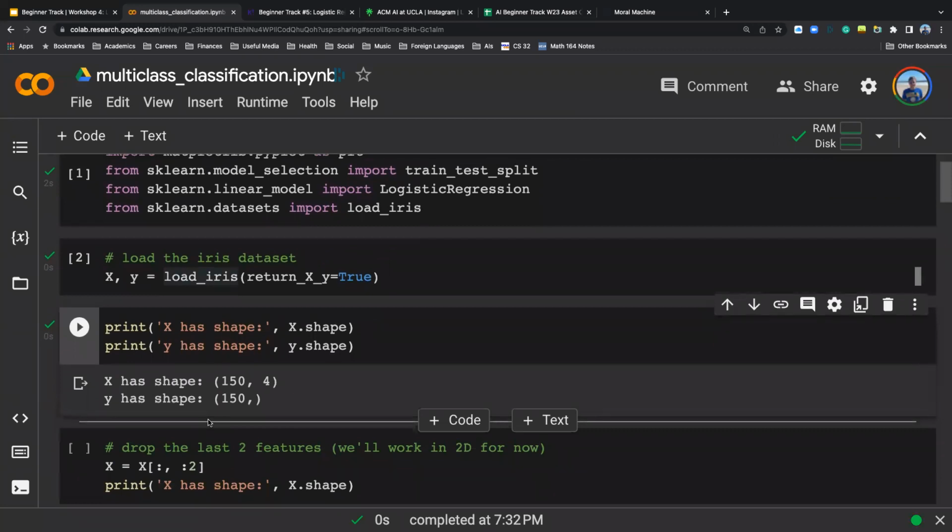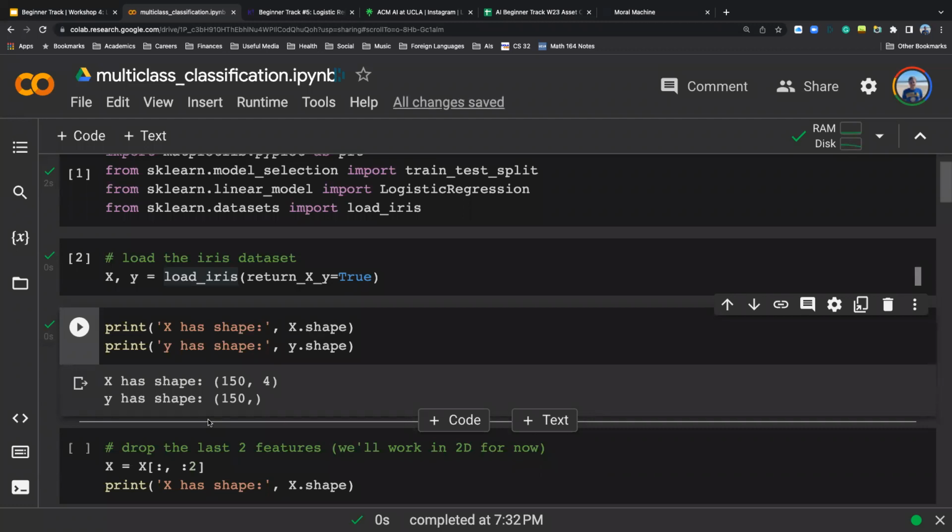Does anyone want to tell me how many features our data has? Okay. Do we usually use X or Y to talk about input? X. So what is the shape of X right now?